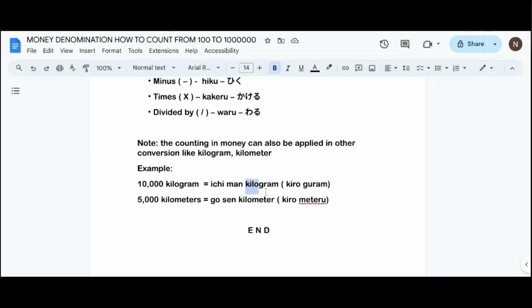They don't pronounce this as kilo, but they pronounce it as kiro because there is no alphabet L in Japanese, and the L is replaced by R. So kilo becomes kiro, kilogram, kilometer, because the L represents R.